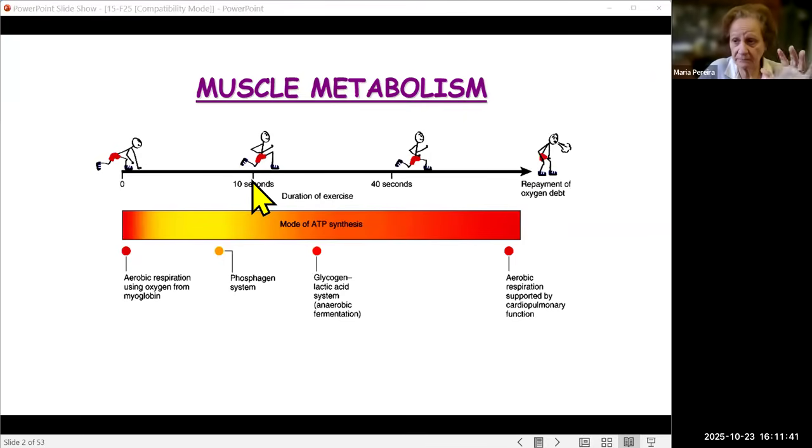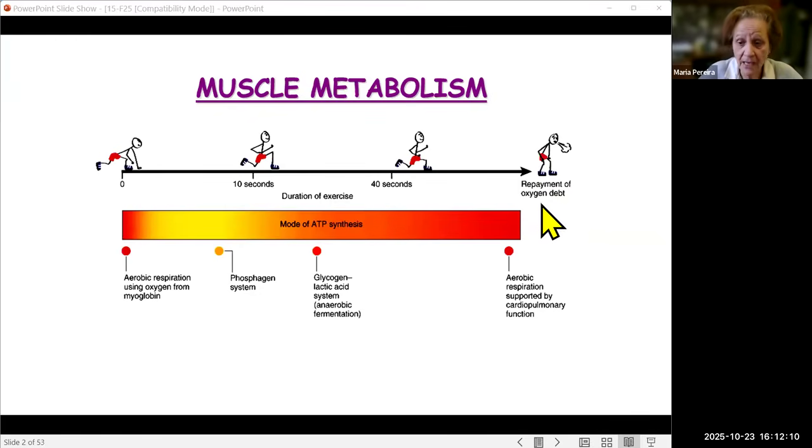After 10 seconds, that ATP runs out, so you need to bring up the glycolytic system, and it goes on for maybe 30 more seconds, and then it runs out. Finally, you have the aerobic system, which is very efficient and allows you to do exercise or run for much longer time.